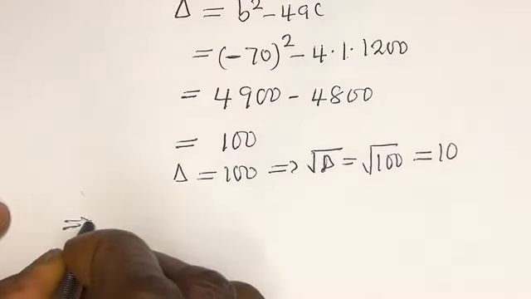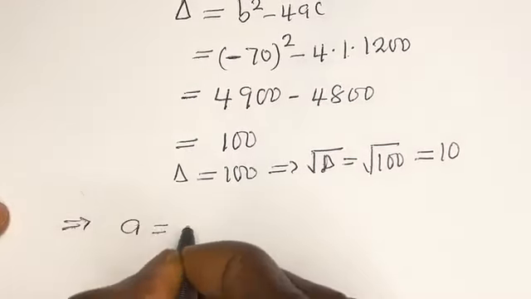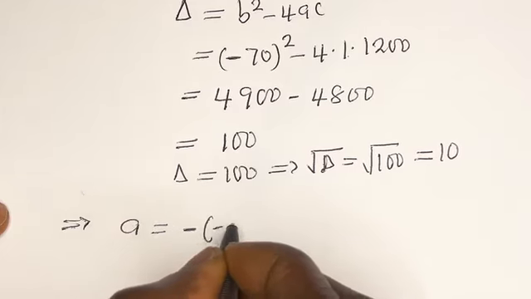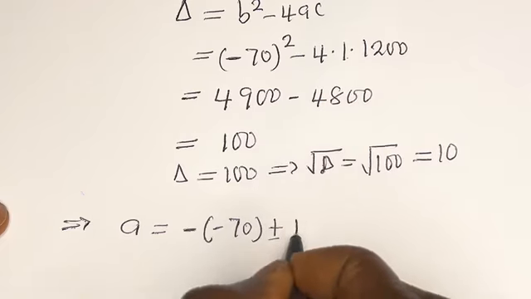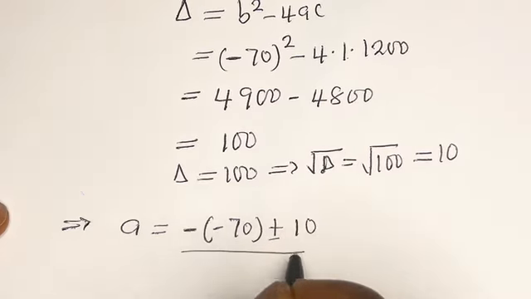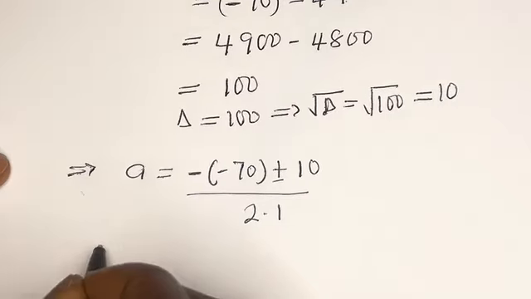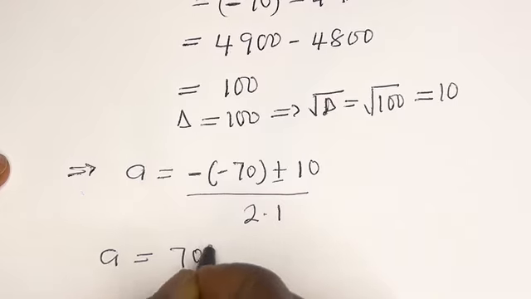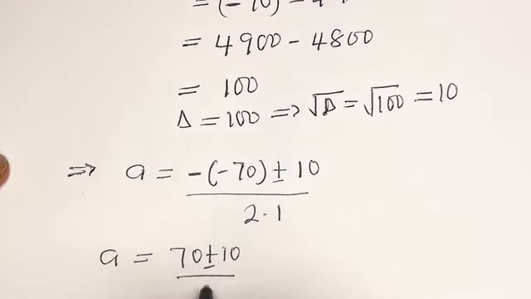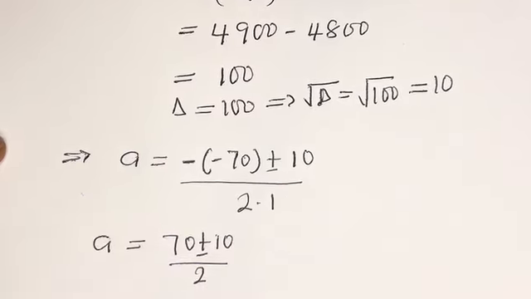Therefore, A is equal to minus bracket minus 70 plus or minus 10 over 2 multiplied by 1. A is equal to minus times minus 70. This is 70 plus or minus 10 over 2 multiplied by 1, 2.